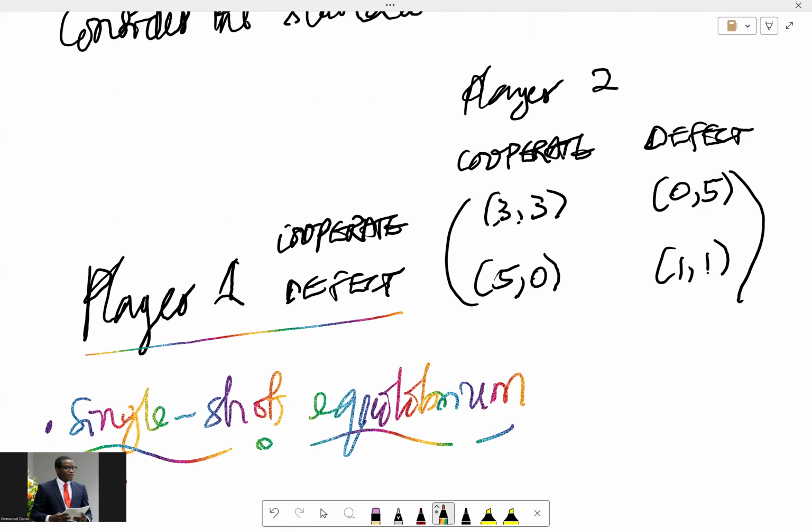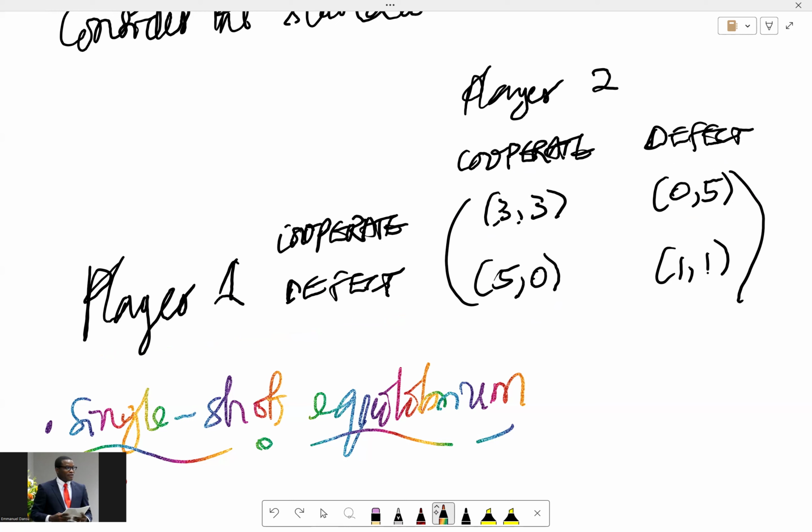If player two cooperates, player one gets three or five. Player one has two strategies, cooperate and defect. No matter what player two does, if player one cooperates, the best that player one can get is three instead of zero.